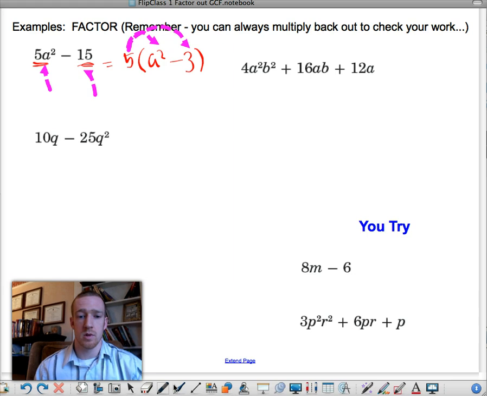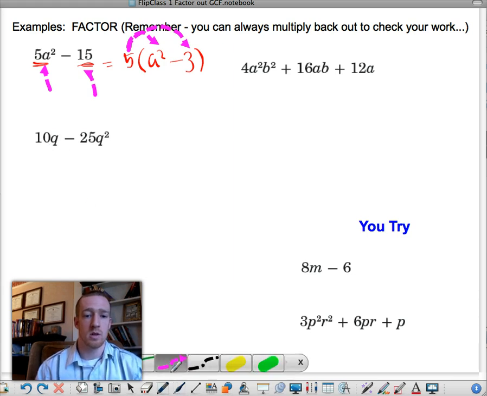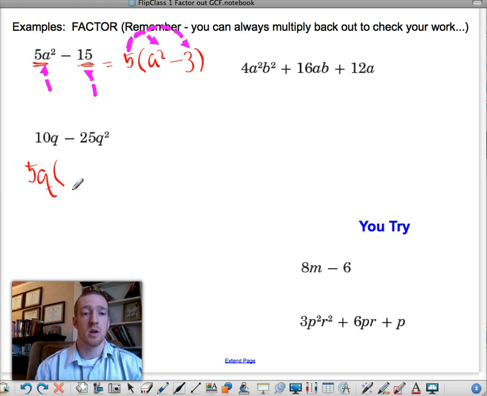Alright, let's try this one. So what can I divide out of each of these? Think about it a second. Hopefully you came up with a 5 divides out of both of these, and I can divide a q out of both of those. Alright, so when I unmultiply or undistribute my 5q, it leaves me with a 2, because 10q divided by 5q is a 2.